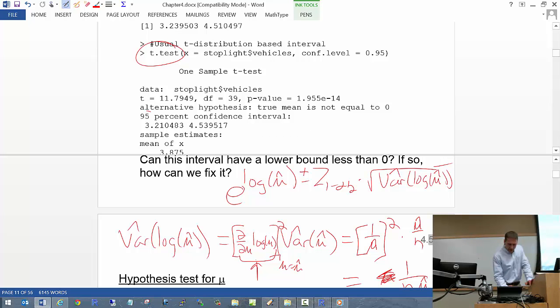And the only thing that's of interest to us here is then the interval that's automatically produced, 3.21 to 4.54, so a little bit wider. And that's what often will happen in these situations. The t-distribution based one will be a little bit wider. And part of the reason is because we have a little bit of a bigger assumption, and that is the Poisson distribution that we're using with these Poisson-based intervals.